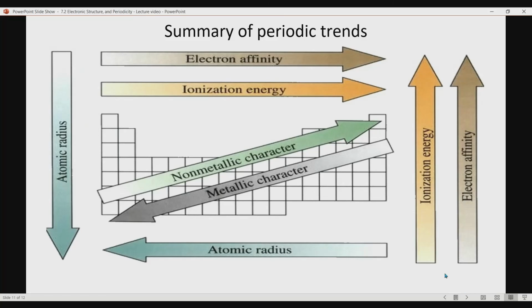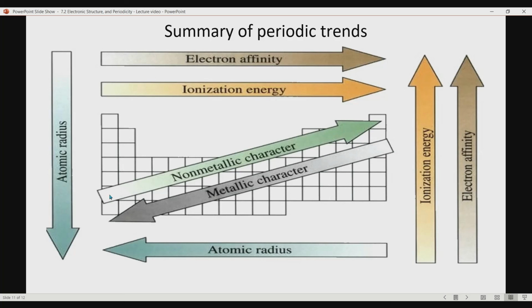Okay, so this is just a summary of the periodic trends. So you have here electron affinity, ionization energy, and then atomic radius, and then ionization energy as well, and affinity. It also shows you the metallic character and non-metallic character. Remember, most of your non-metals are here in the top right of the periodic table.